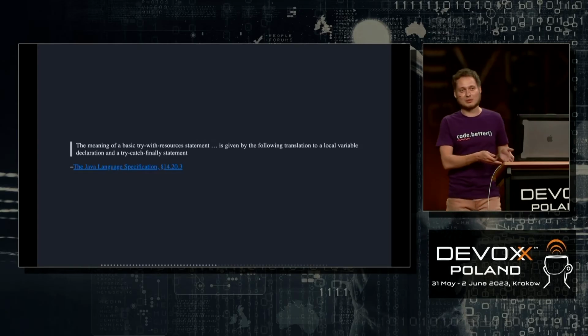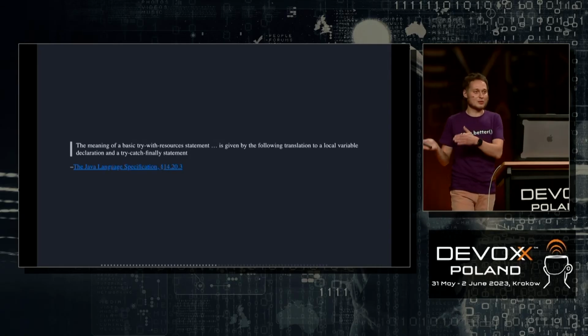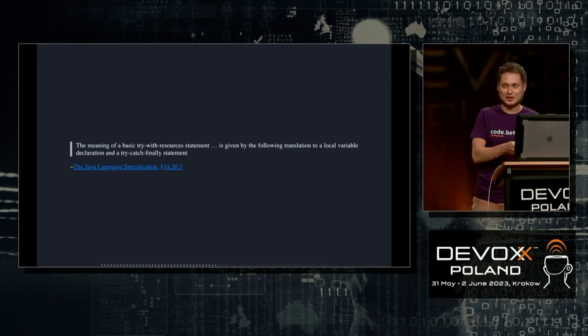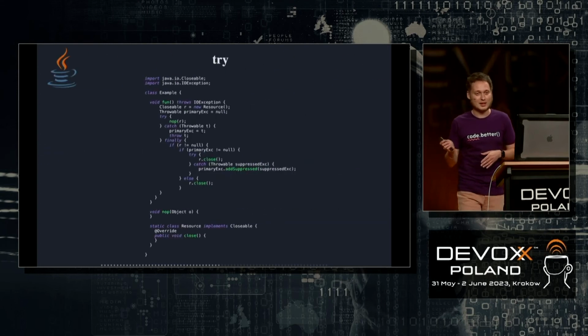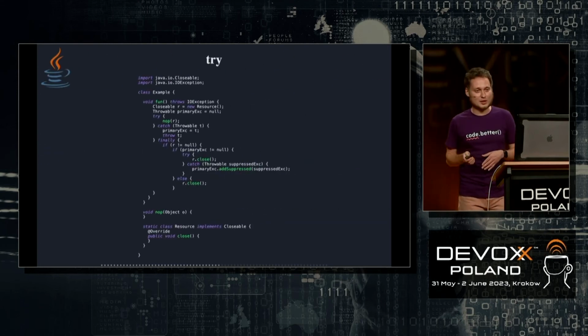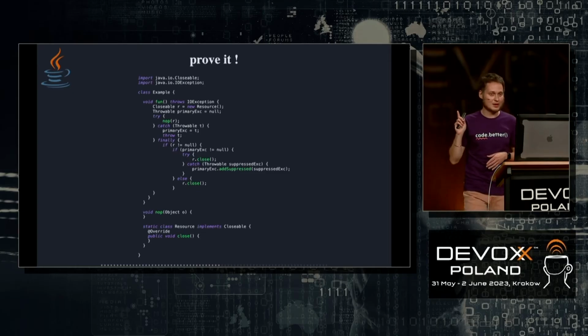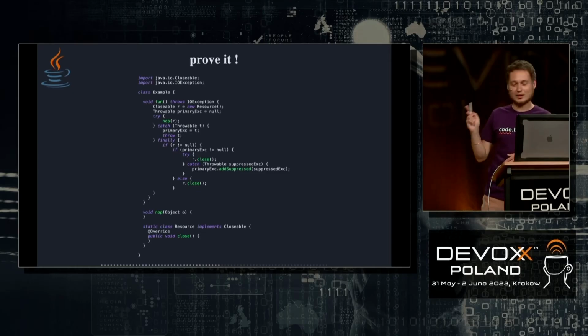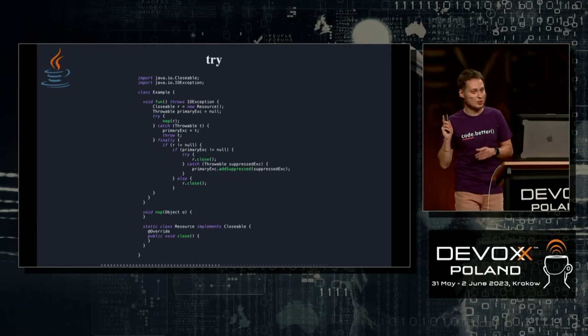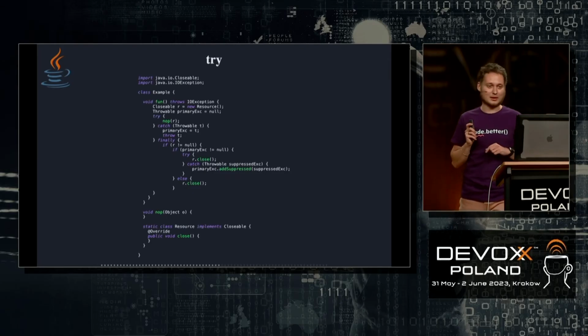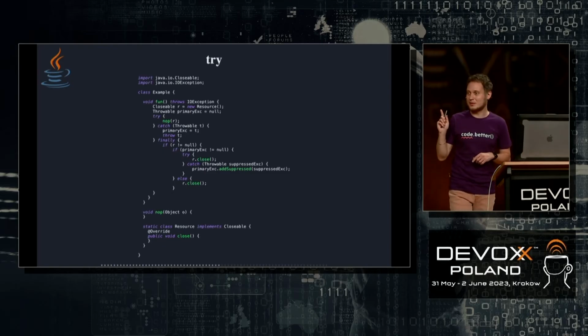And we just learned about finally that it gets duplicated on various execution flows. So that's why we get many close calls. And what the Java Language Specification provides as an example is this beast. This is how the try with resources that you just saw looks when compiled. It's quite a beast, right?